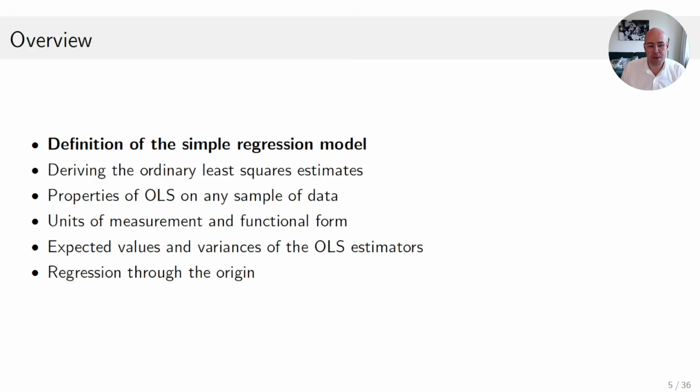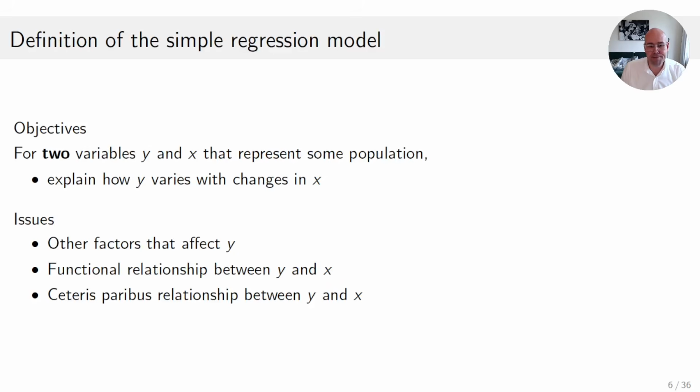Now, let's start with the definition of the simple regression model. So we're going to have two variables, y and x. Here's my y. Here's my x, that represents some population. Okay, and we're going to see what that means. But there's a y and there's an x, and what we want to do is explain how y varies with changes in x.